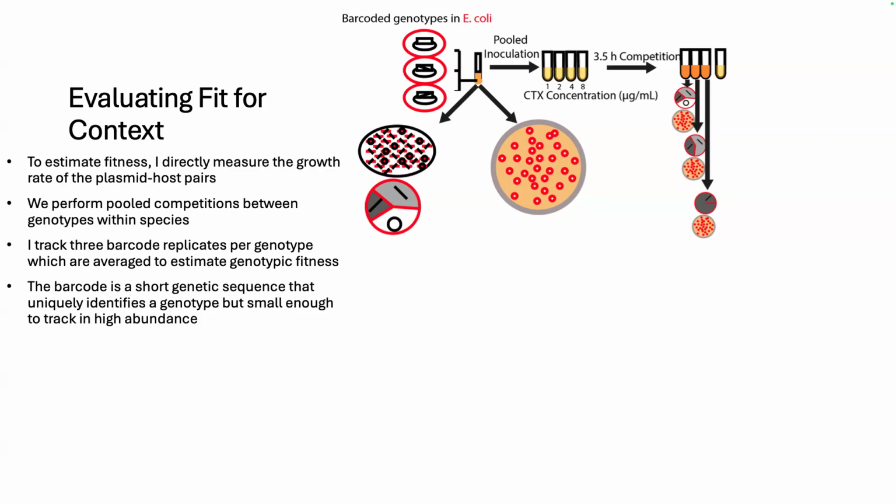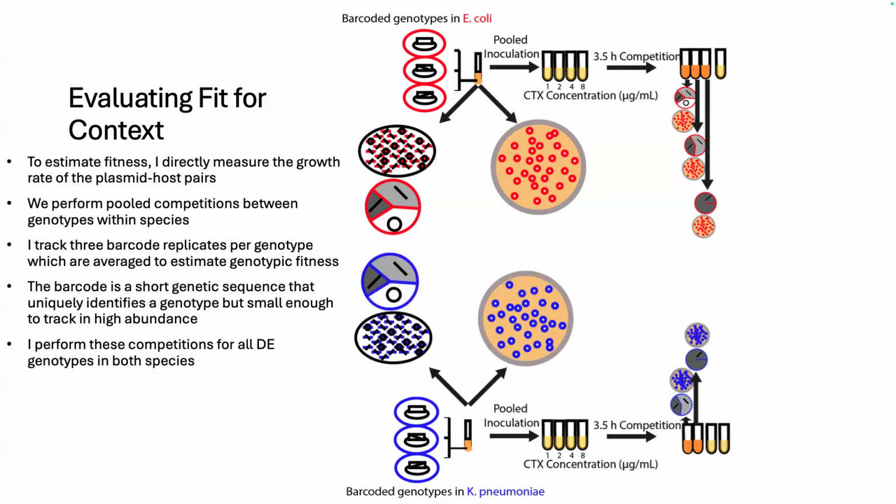And that's what actually allows me to calculate a growth rate of each genotype in each species in each of the tested antibiotic environments. Because I inoculate them across a gradient of antibiotic, and I do this in both species. So I have these running side by side, a string of tubes for E. coli and a string of tubes for K. pneumo.